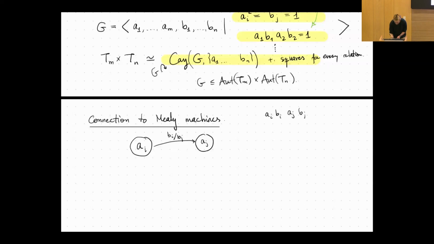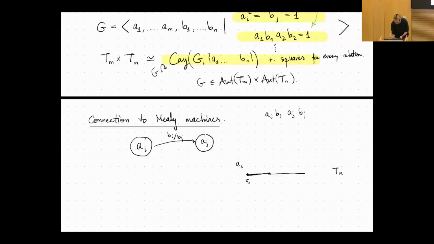Okay, so for instance, I'm looking at the tree T_n, okay? And I have here a vertex, a fixed vertex corresponding to the identity element, that is fixed by A, let's say A1, and I want to know what it does to a certain path in the tree, or a vertex in the tree.